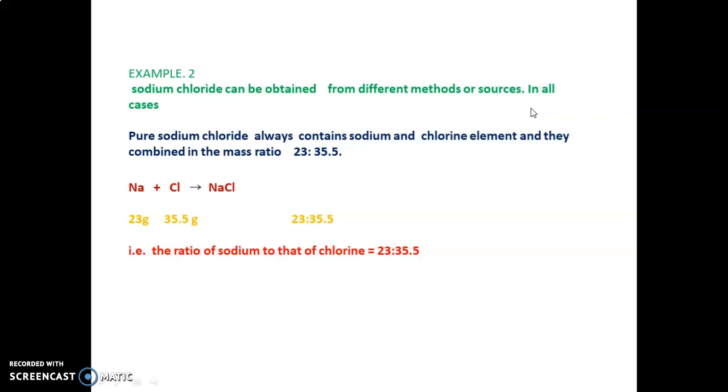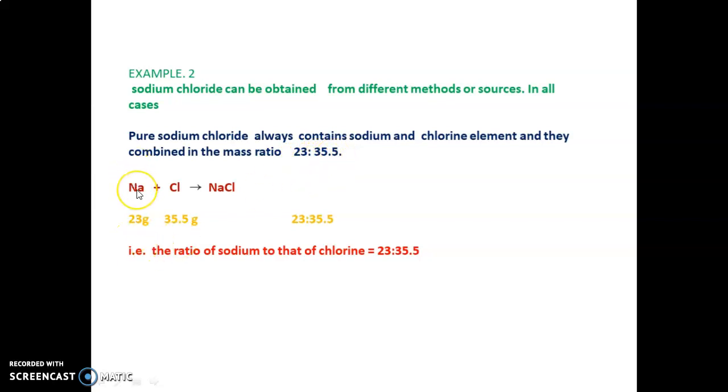In all these cases, pure sodium chloride, common salt, always contains sodium and chlorine elements, and they combine in the mass ratio 23 is to 35.5.